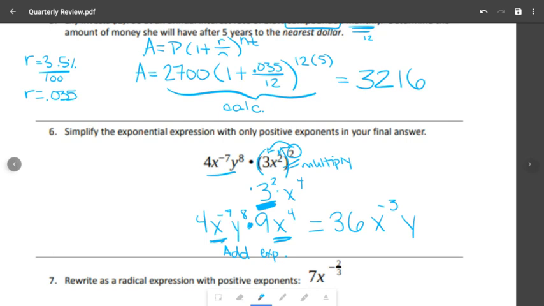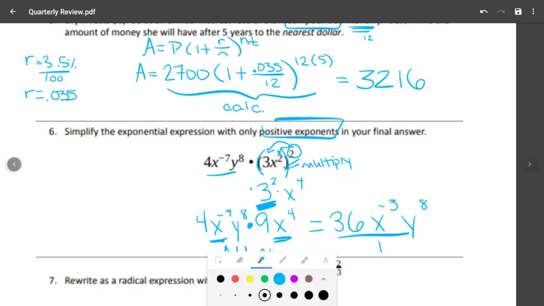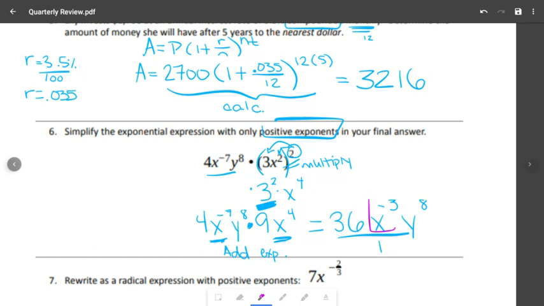And then the y doesn't have anyone to multiply with, so it just comes over as y to the 8th. This whole thing is technically over 1. It said positive exponents. So the x has a negative exponent, so the x is going to the bottom. The 36y to the 8th stays on top. And when the x goes to the bottom, its exponent turns positive.